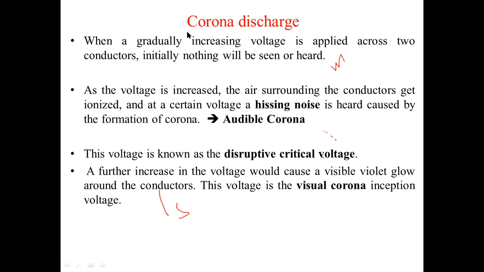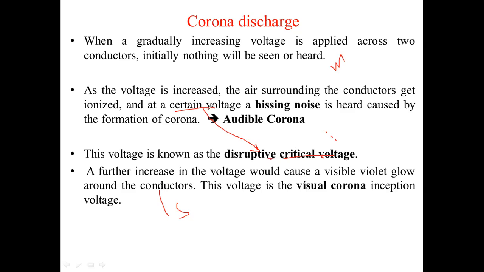When the applied voltage is increased, the air surrounding the conductor gets ionized at a certain voltage, and this voltage is called the disruptive critical voltage. It is the minimum voltage required to commence the corona.